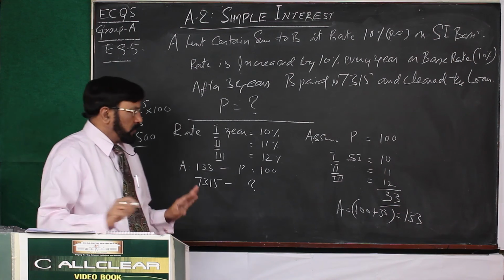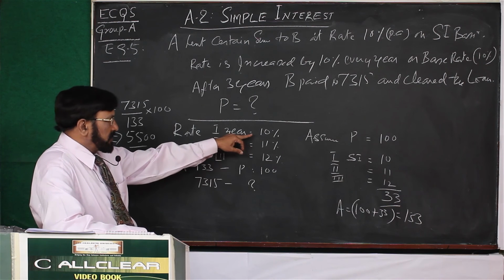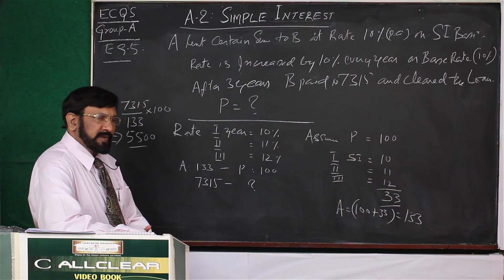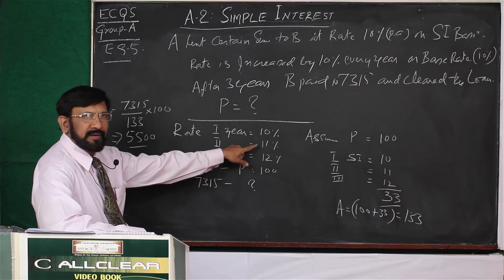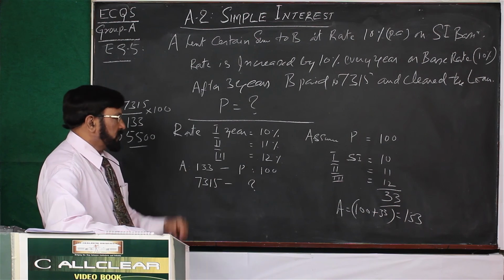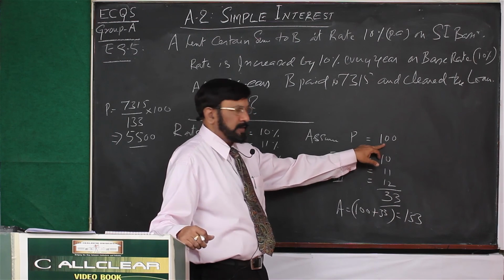So, once again I explain, the first year rate of interest is 10%. Every year it is increased by 10% on the original rate. So, second year it comes to 11%, third year it comes to 12%. Now, let us assume original P is 100 rupees.